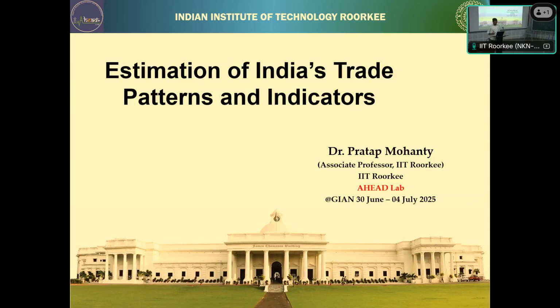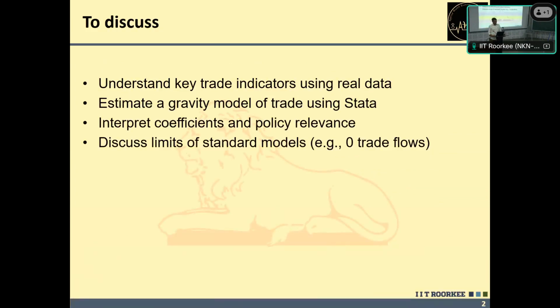Here we will first of all discuss the very basic estimation. The basic estimation means how far India is actually opened up, how far India is exhibiting its openness to other countries, or any country is open enough.